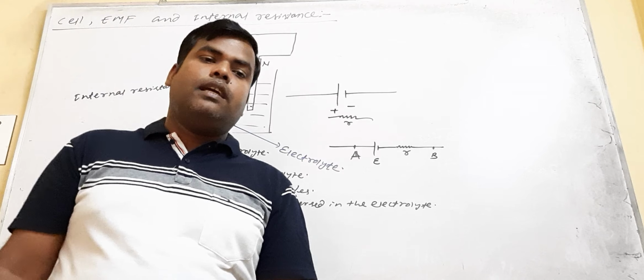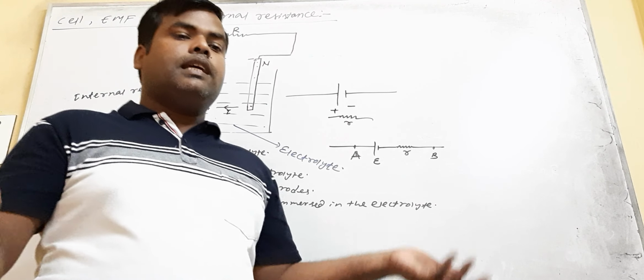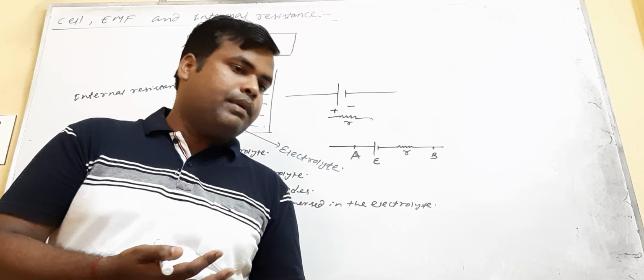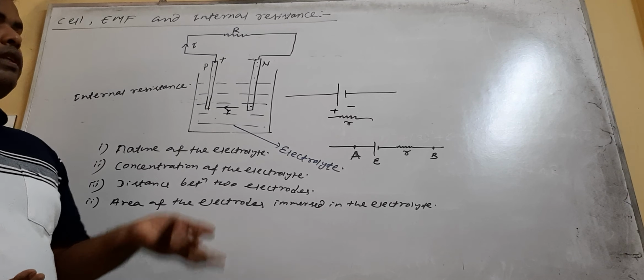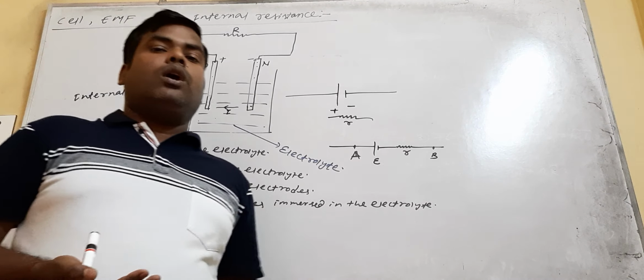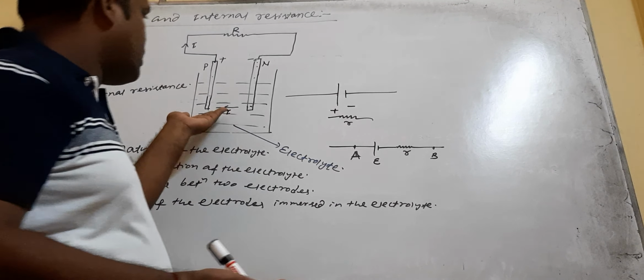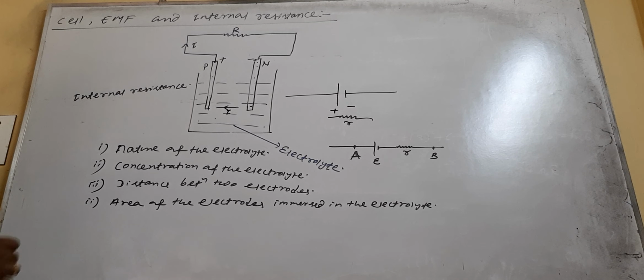So definitely the current will be more, that means internal resistance is less. That means internal resistance decreases with increase in the area of the electrode immersed in the electrolyte.